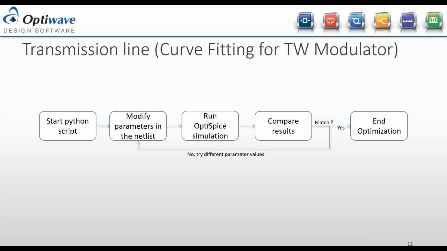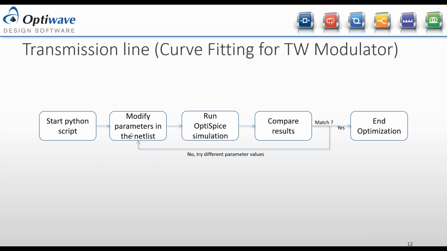It runs the OptiSPICE simulation and then compares the results of the simulation with our measured data. If our measured data and our results match well enough, then we're done with our simulation and with our search, and we can quit.